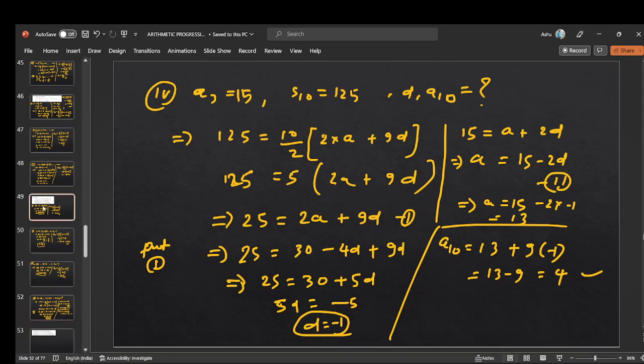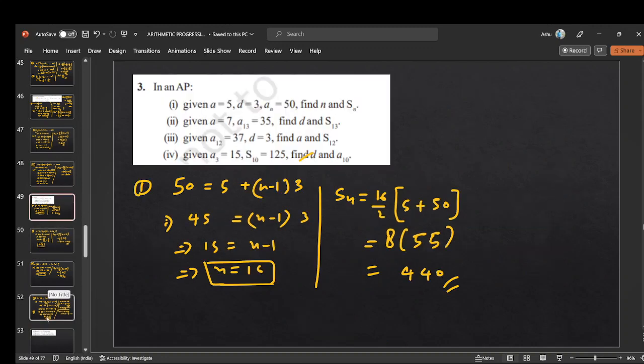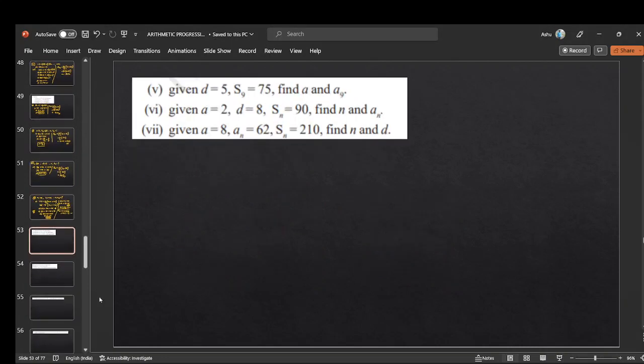Now this is the complete solution of the third. There are more questions. So here the fifth part is of this question. D is 5, S9 is 75. Find A and A9. This is the same as before. 75 equal to, first we will solve. Clear?